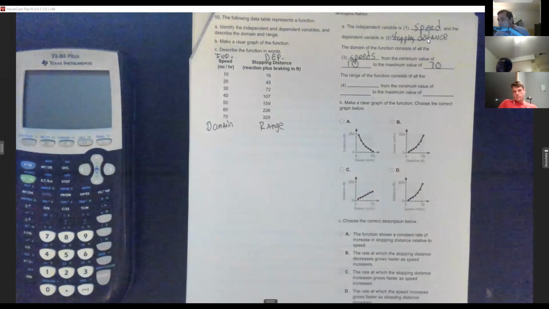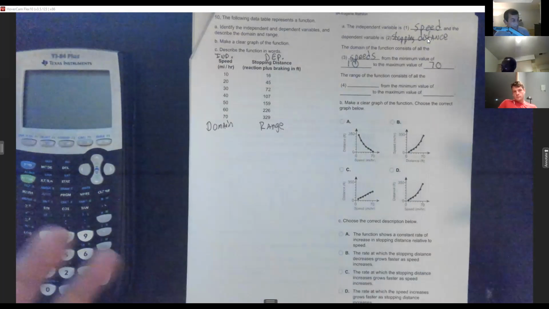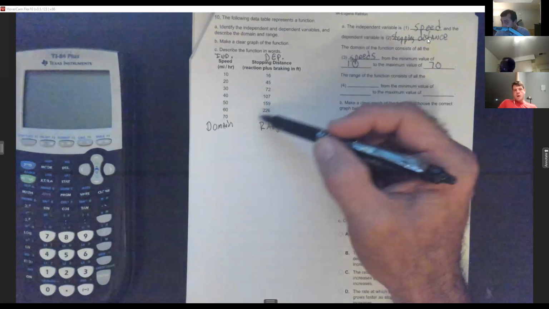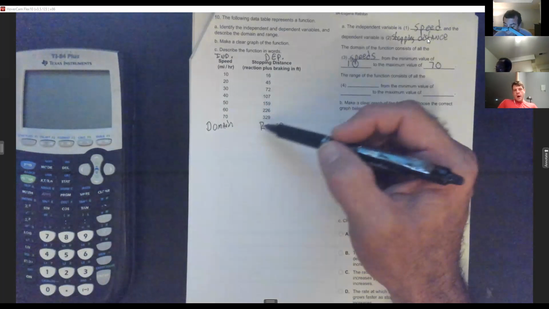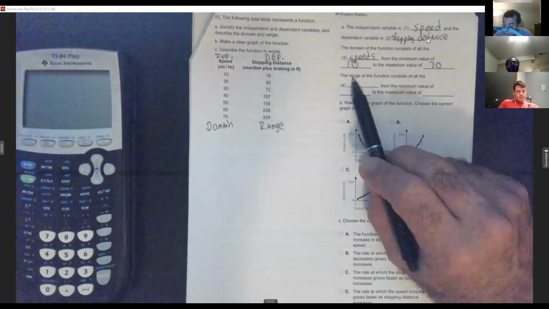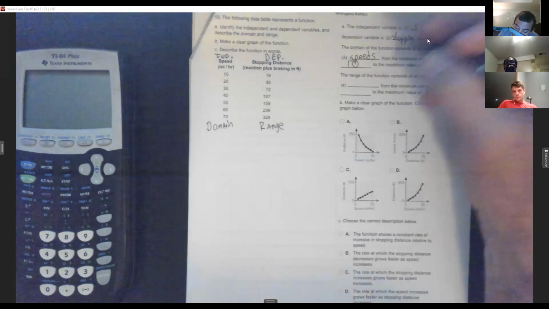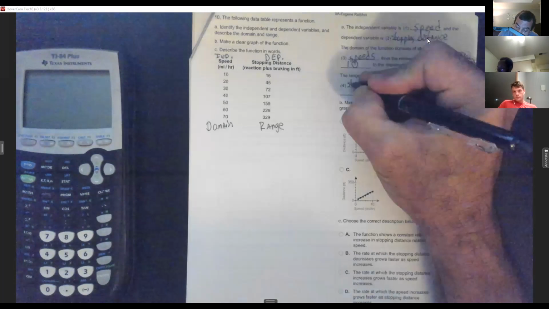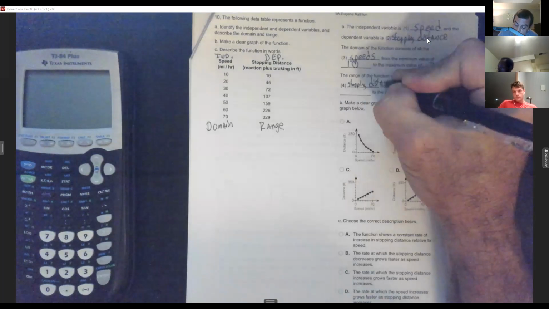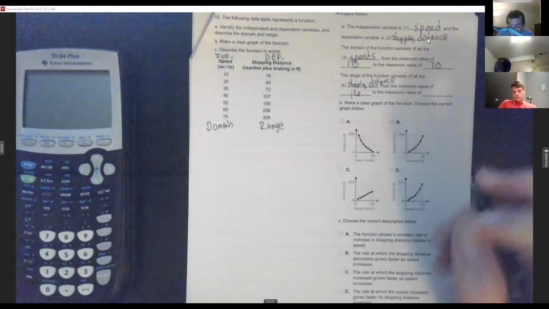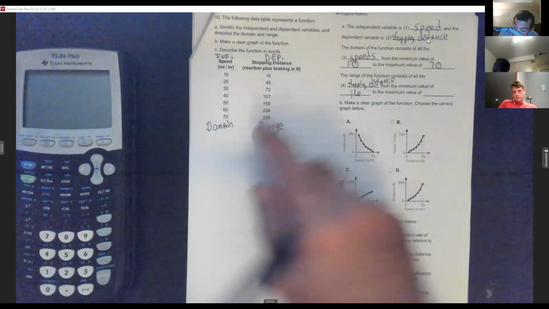Y'all see that's two of the forms of representing functions, right? A while ago I had a graph. This time we actually have a table of values. All right, so let's go on to range. It consists of all the stopping distances, a minimum value of 16 feet to a maximum value of 329 feet.